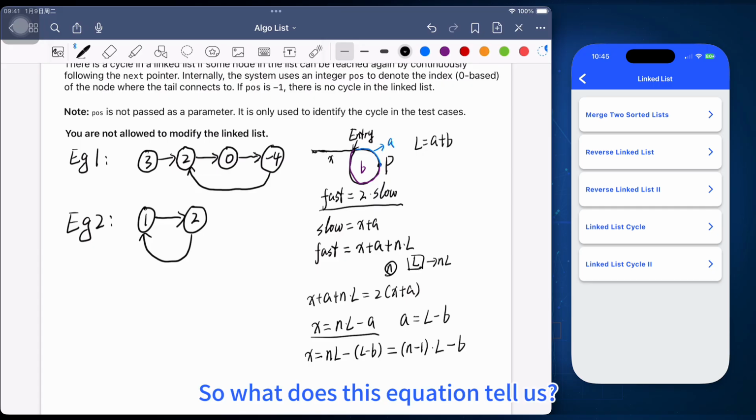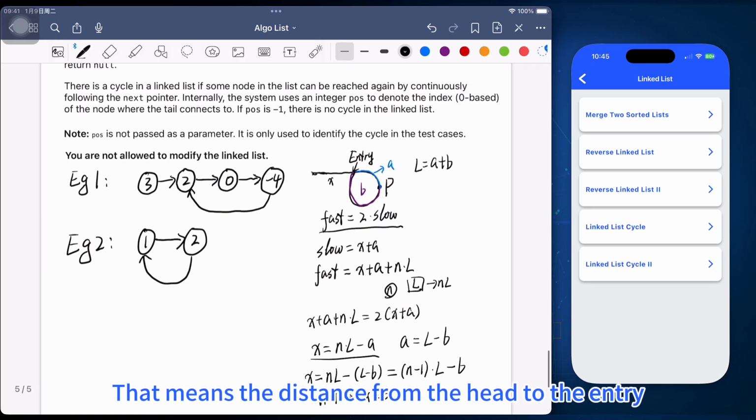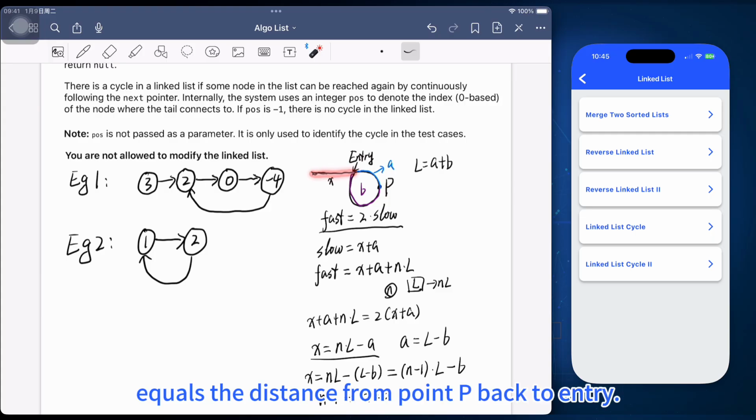So what does this equation tell us? Let's look at the case when n equals 1, then x equals b. That means the distance from the head to the entry equals the distance from the point P back to the entry.